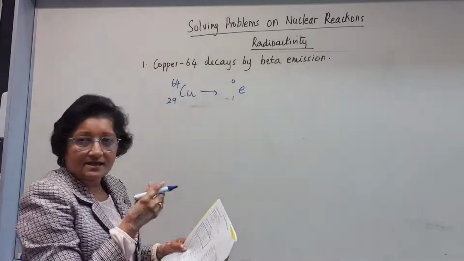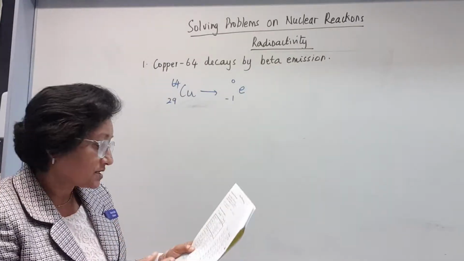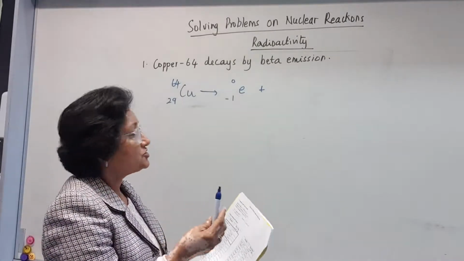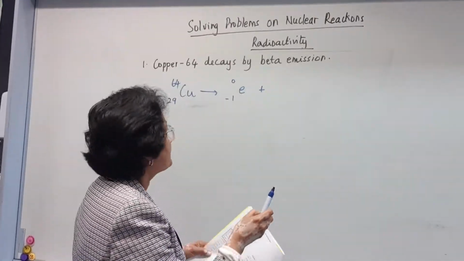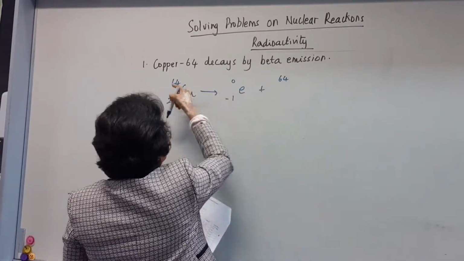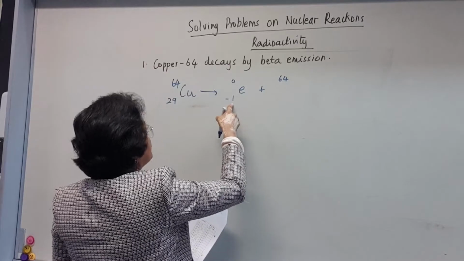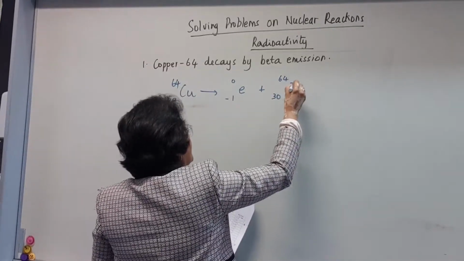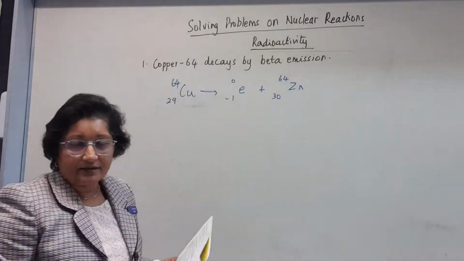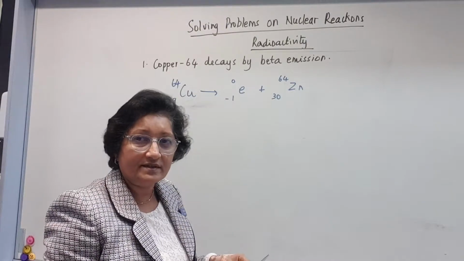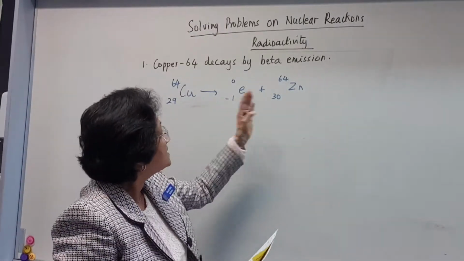So you can write it as an electron or a beta particle plus... In any nuclear reaction, the nucleon number is conserved, so you still get 64 here because 64 plus 0 is 64, and there's a negative 1, so 30 minus 1 is 29, and element number 30 is zinc.